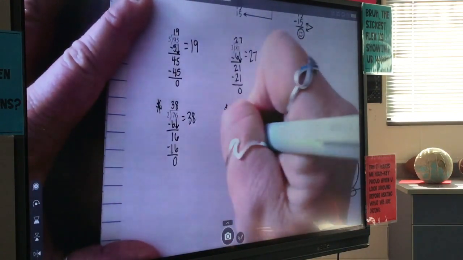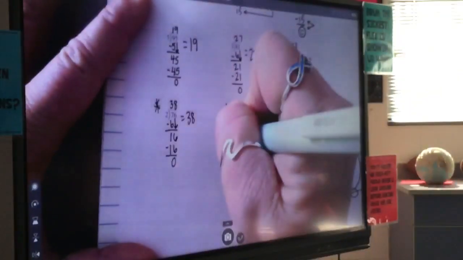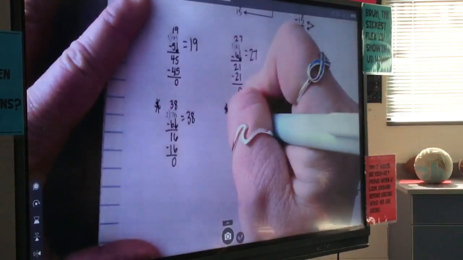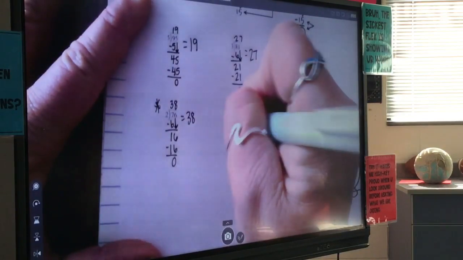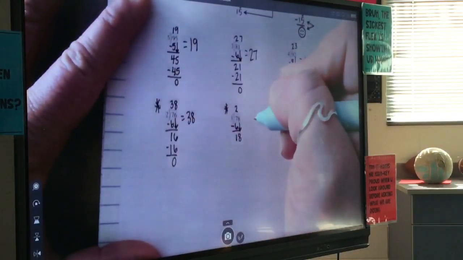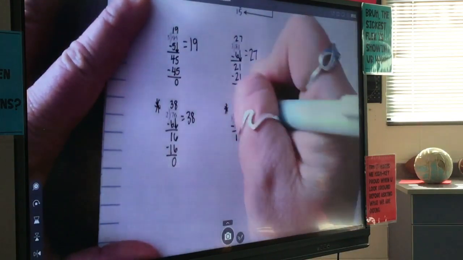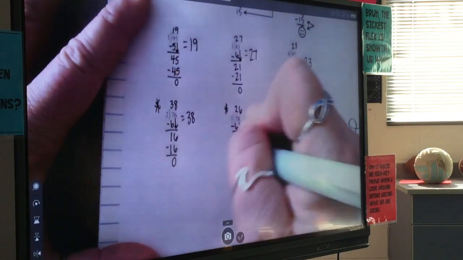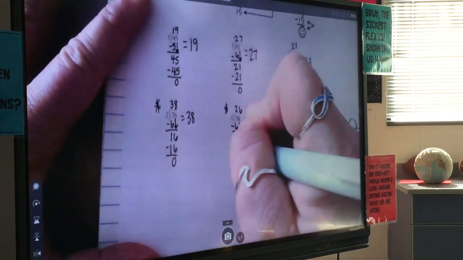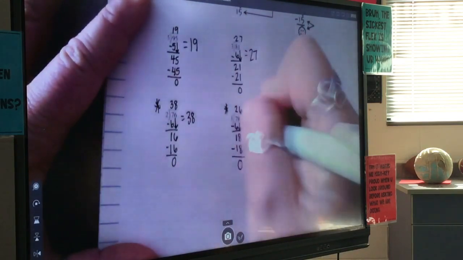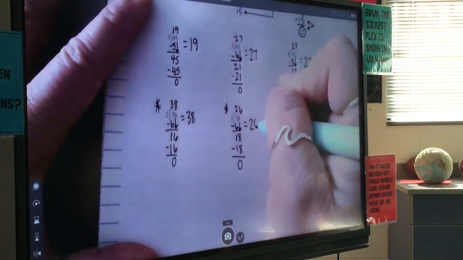And we're going to subtract 6 from 7. And then I got 1. And then we're going to bring down the 8. All right. You know we're not finished because 18 is not smaller than 3. But 3 times 6 equals 18. So we're going to put a 6 next to the 2, and we're going to subtract 18 from 18, which equals a 0, which gives us 26. Perfect.